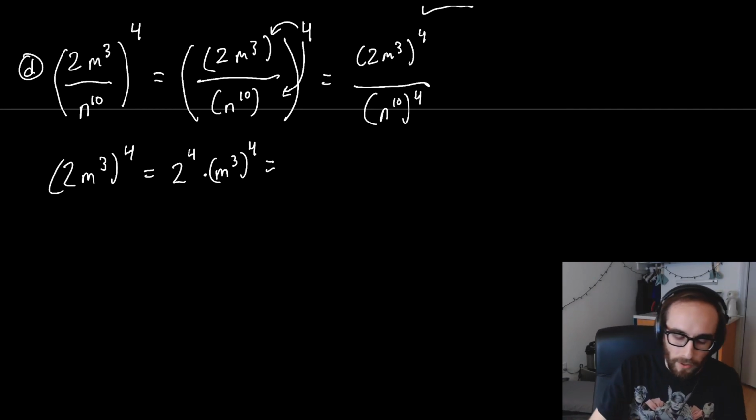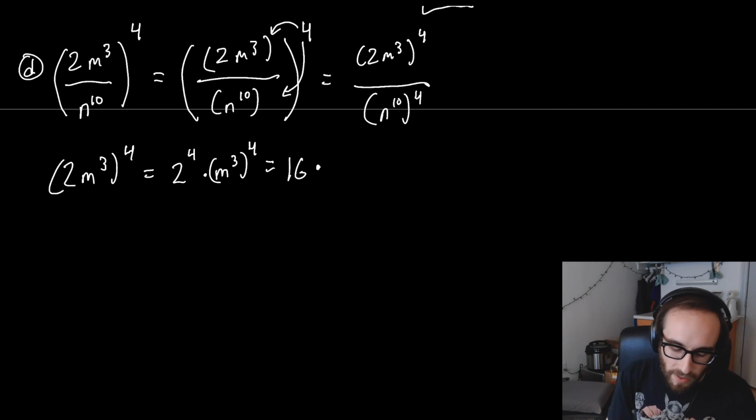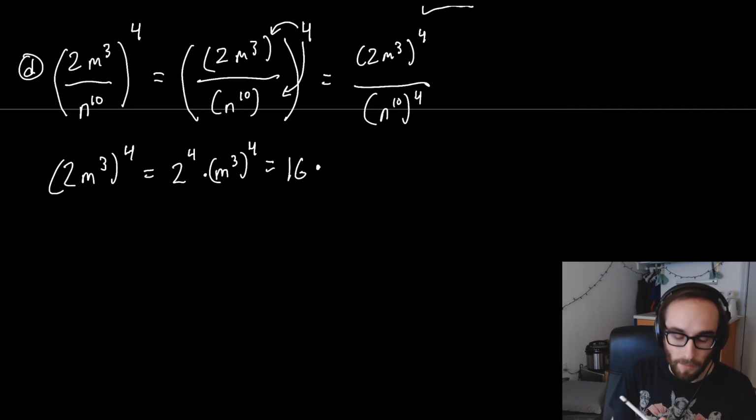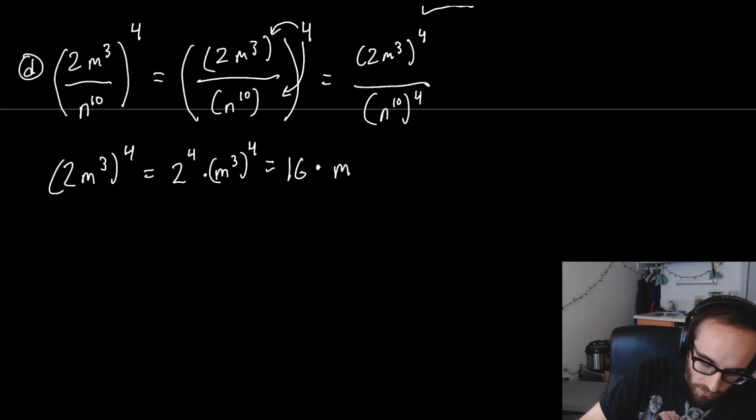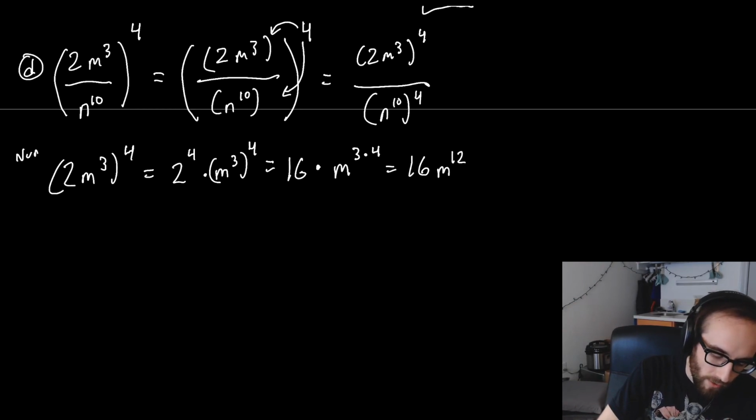Okay, 2 to the 4th power gives us 2 times 2 is 4, times 2 is 8, times 2 is 16. 16 times, and if we have a power to a power, one of our exponent rules is we multiply the powers. So m to the 3 times 4 power. So 16 times m to the 12th power. And this is our numerator.